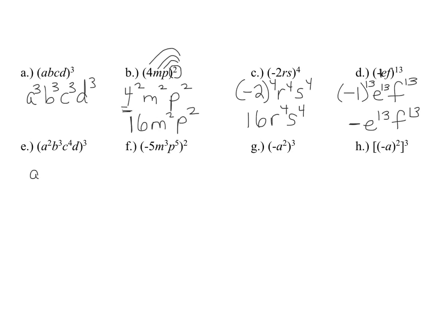So a to the 6th, b to the 9th, because you would do 3 times 3, c to the 12th, because you would multiply 4 times 3 is 12, and then the last one would be d to the 3rd. And technically, if you think about it, the little exponent there on the d would be 1, so you are multiplying 3 times 1.